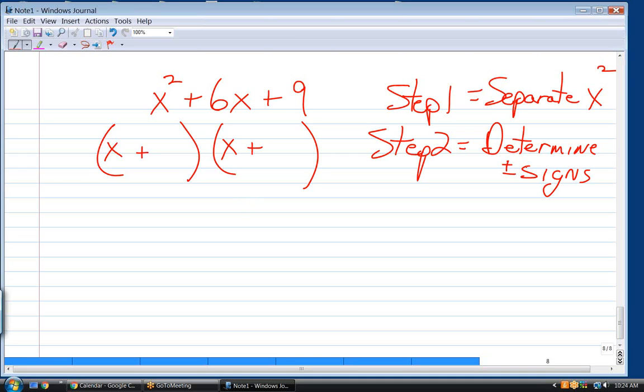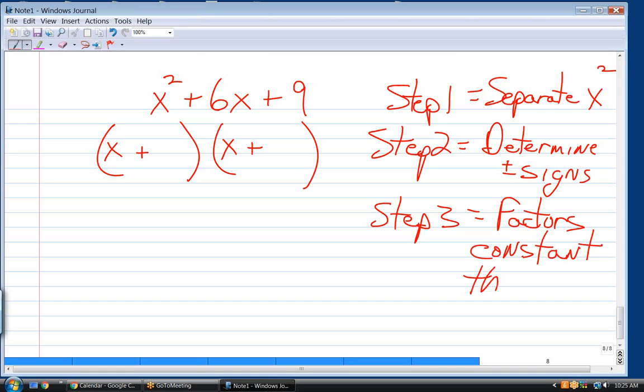Okay? And determine both signs at once. Step 3. Factors of the constant, which is 9, that in this case add, because of that plus sign, add to the coefficient of the middle term.